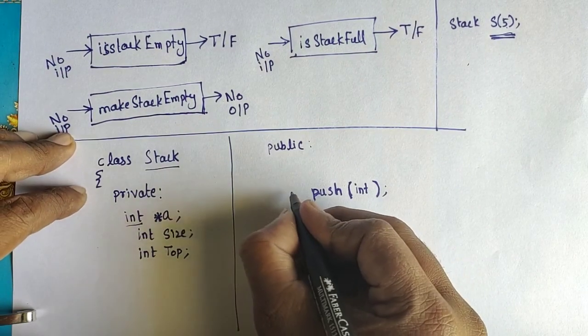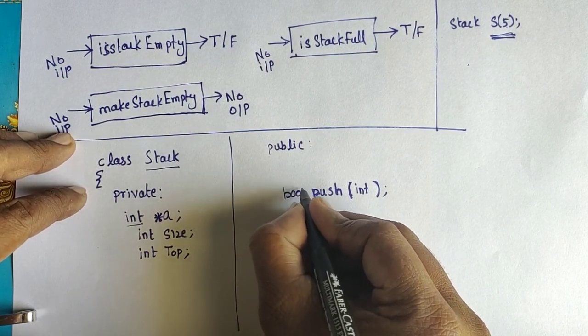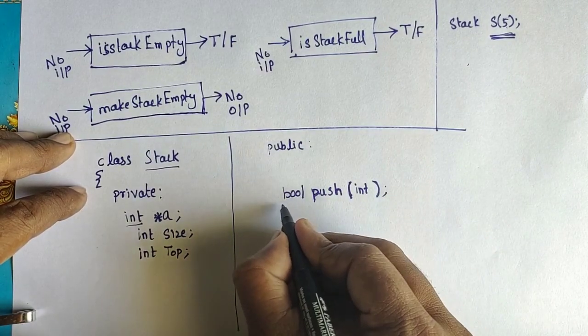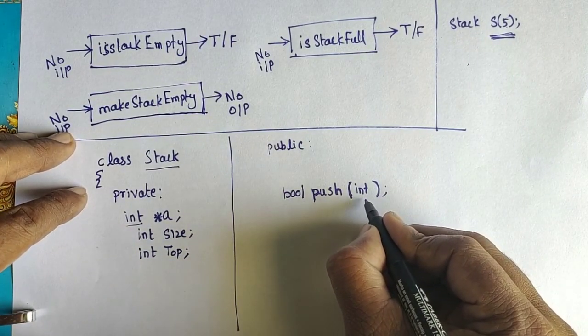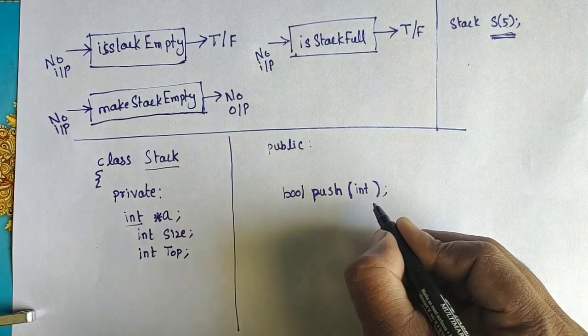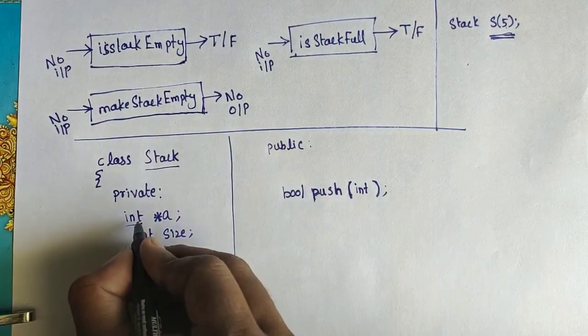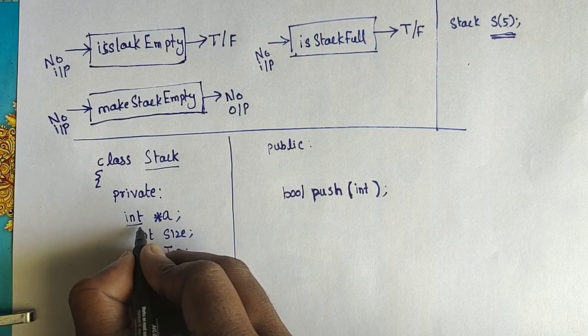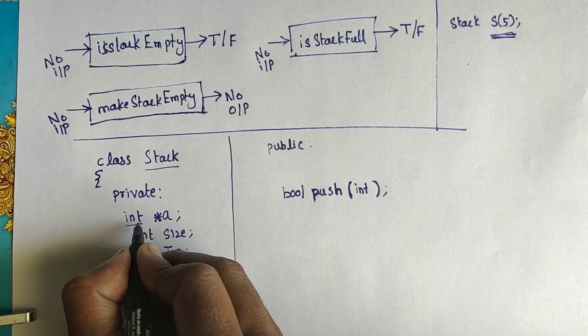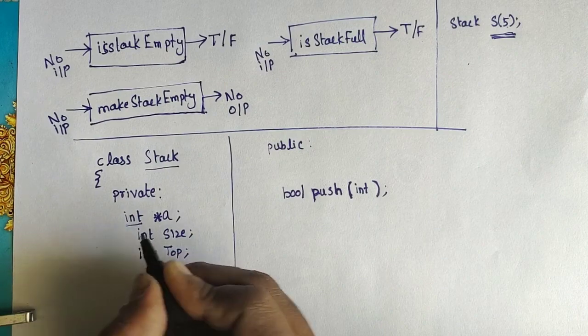So I can make the return type boolean. So it is going to return true or false, and it is going to accept one integer, that is the element to be inserted. Make sure that the type matches the array type. The array type is nothing but the type for which you are going to create the stack, that's all.